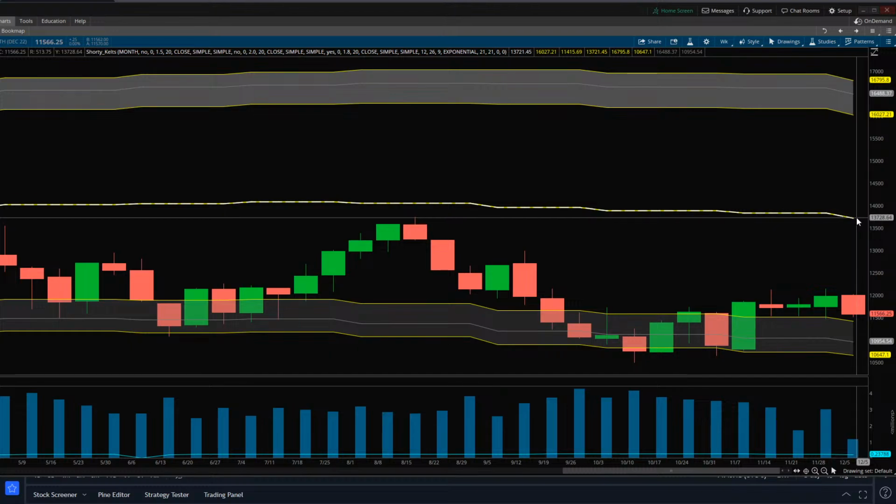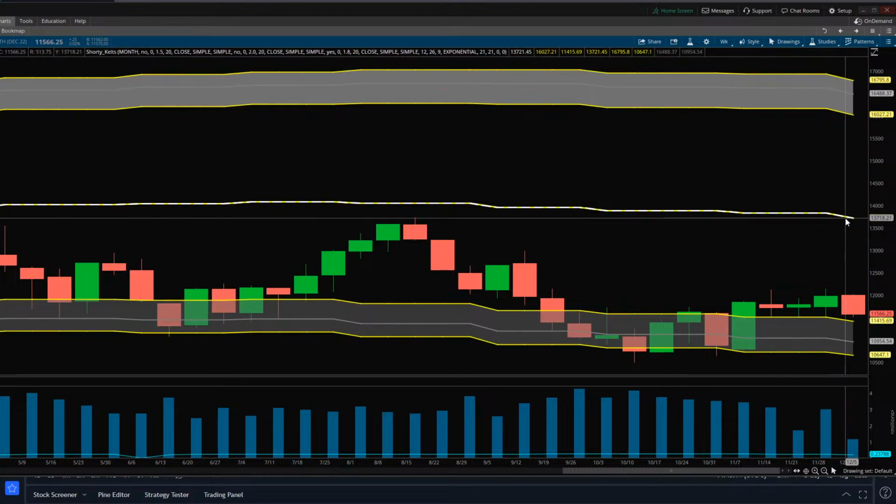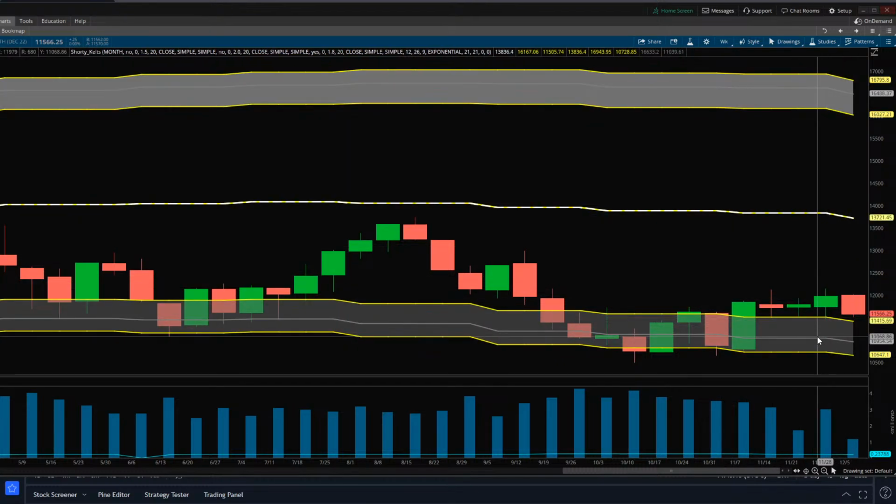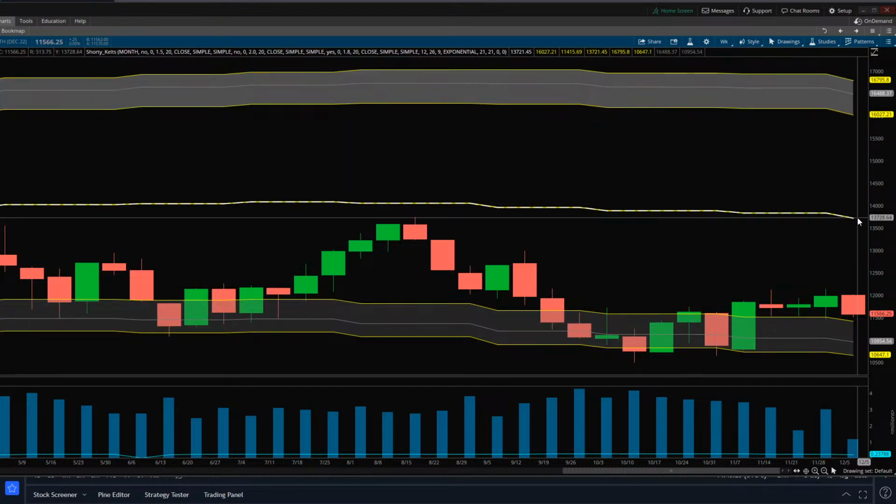So good chance on ES that we're going to eventually be going to 13.7. It'll take time though, a lot of time, months.